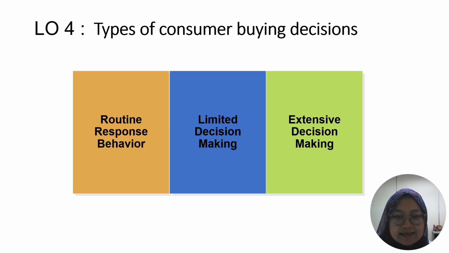As you can see in the slide, there are 3 types of consumer buying decision based on involvement and also based on the time, the cost, the information search, and the number of alternatives. The types are routine response behavior, limited decision making, and extensive decision making.